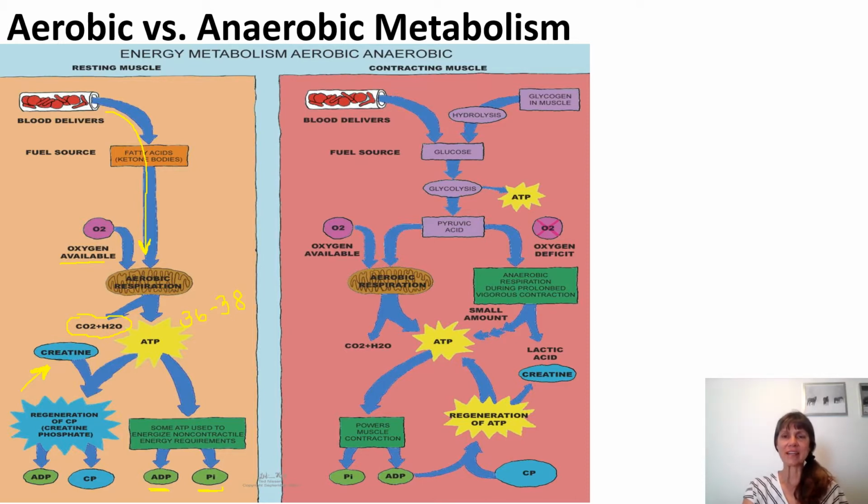When muscles are contracting, we look at the picture on the right-hand side. Now we're going to need more energy, and the glycogen granules that are stored in muscle tissue will start to go through a process of hydrolysis, which breaks them down into their individual components of glucose molecules. Glucose will then be further broken down by means of a process known as glycolysis.